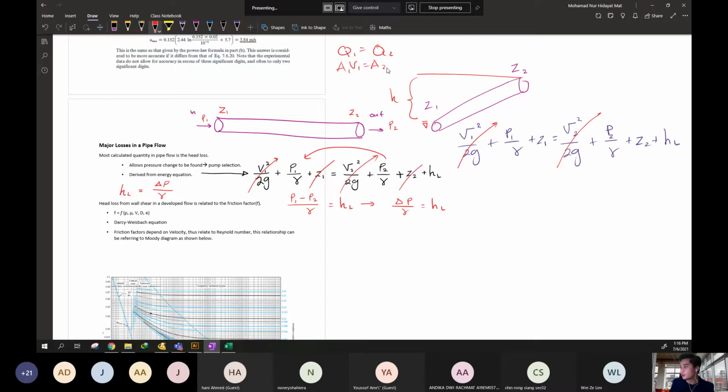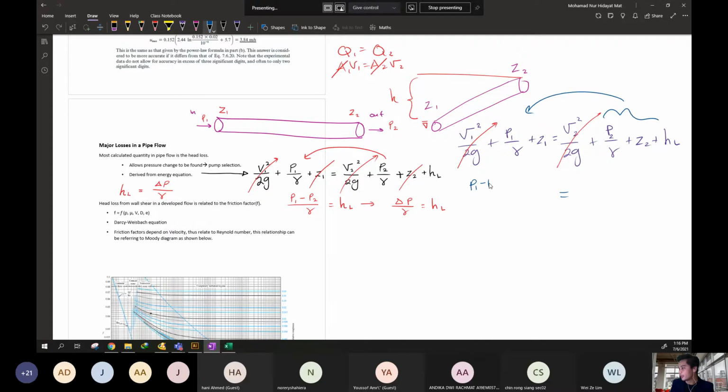From here we can shift out, so we move this side to the other. P1 minus P2 over gamma plus Z1 minus Z2 over gamma equals heat loss.